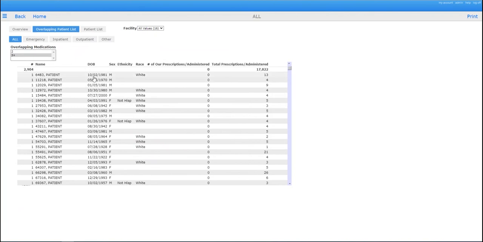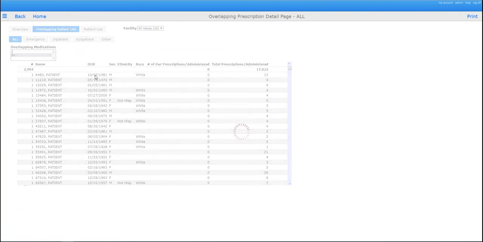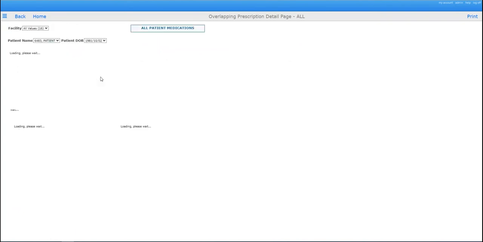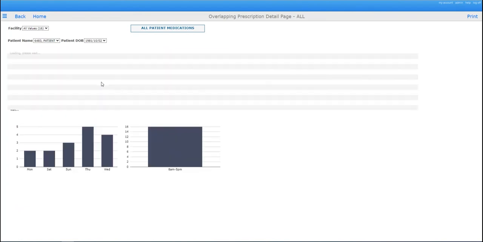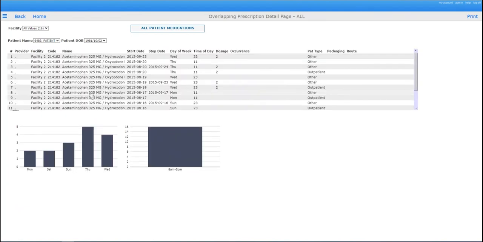This list is also drillable as well. So if you drill down into this, we can also provide specific data such as prescribing provider, the name of the opioid that has been prescribed, and when the prescription was written.